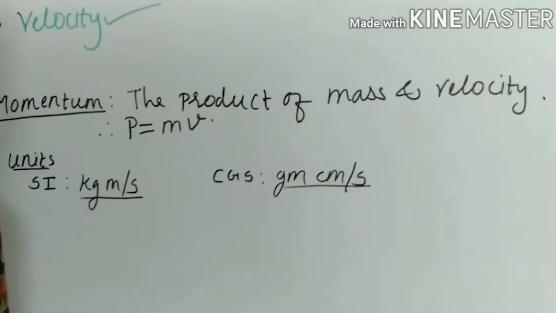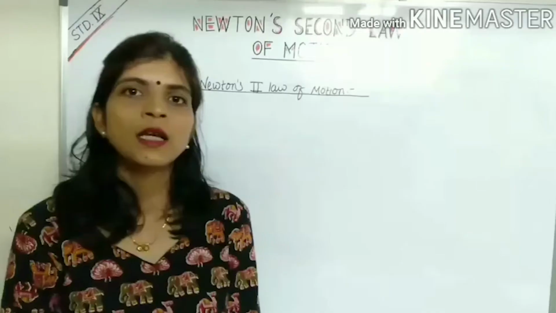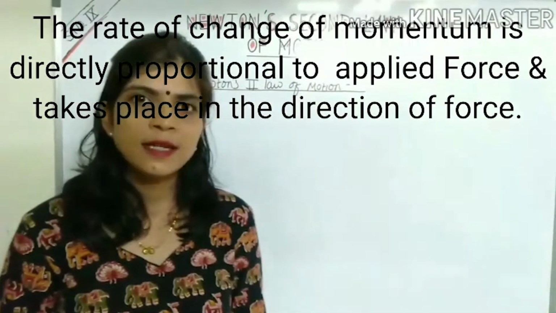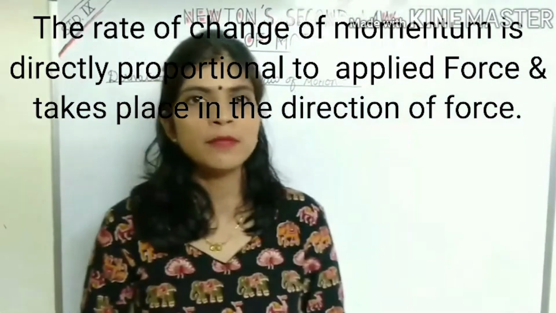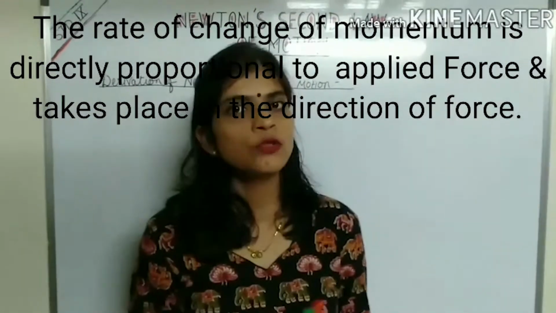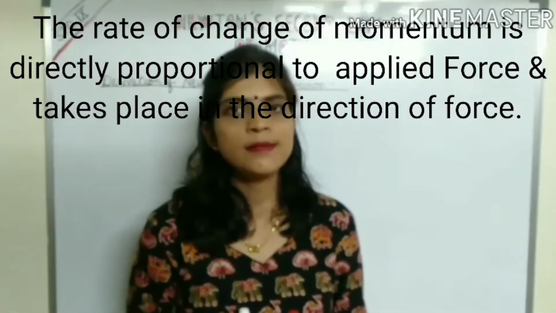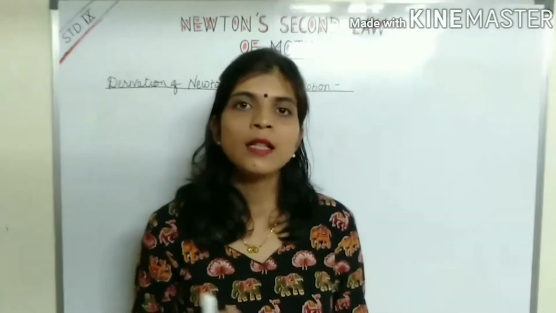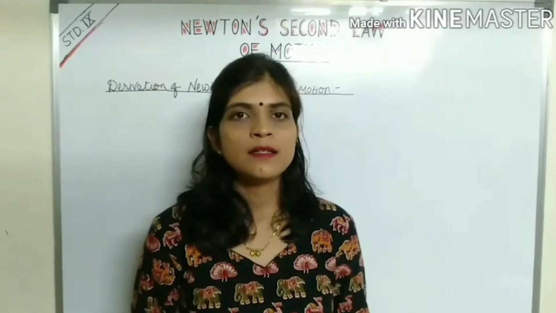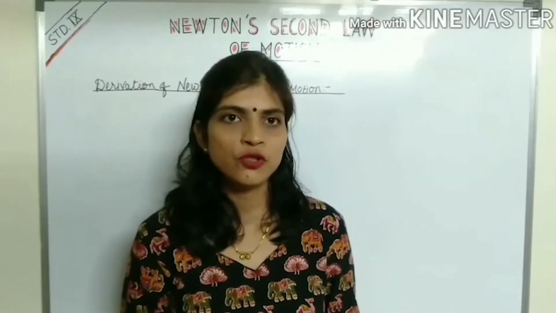Now we will see what is Newton's second law of motion. Newton's second law of motion states that the rate of change of momentum is directly proportional to the applied force and takes place in the direction of the force. Now let us derive the mathematical expression for Newton's second law of motion.